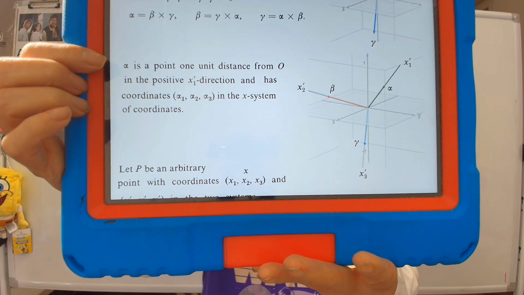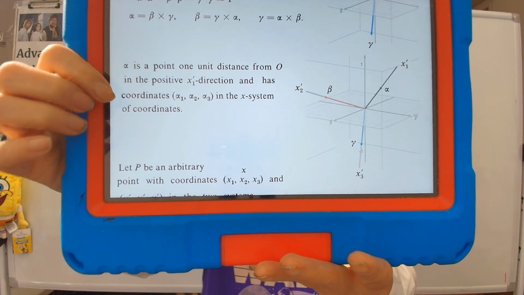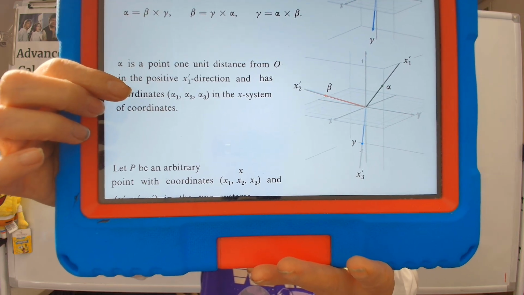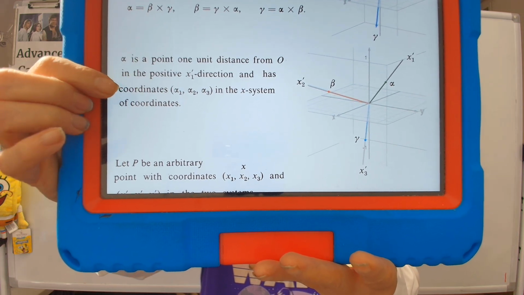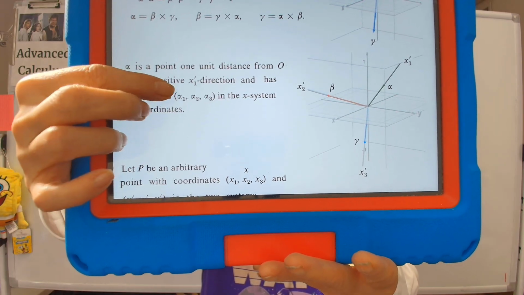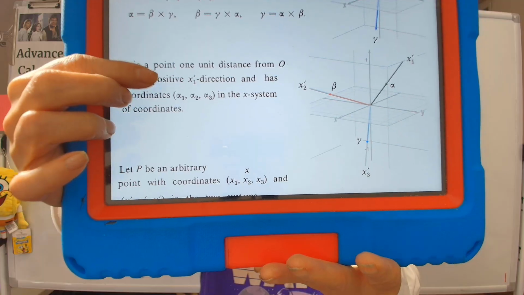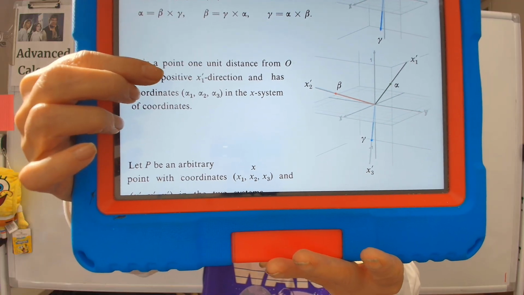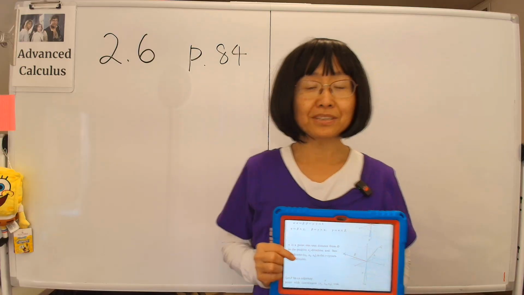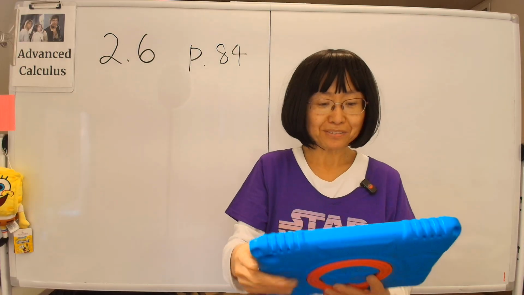And so alpha is 1 unit distance from the origin in the positive x1 prime direction and has coordinates alpha 1, alpha 2, alpha 3 in the old system. In the new system, it's just called 1, 0, 0. But we won't worry about that right now.